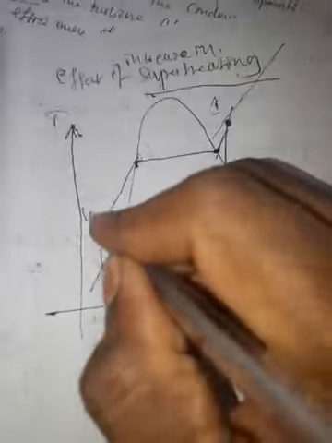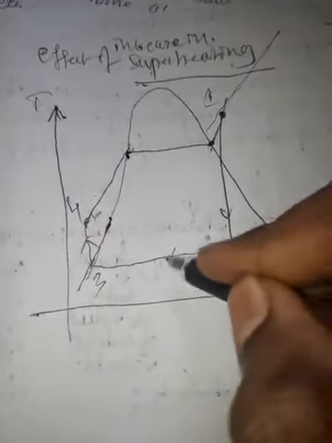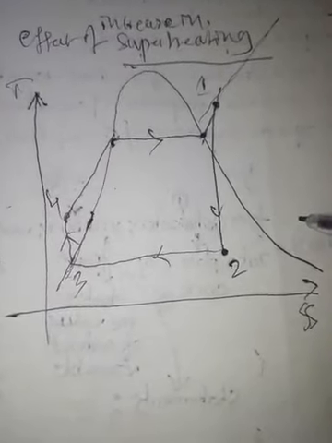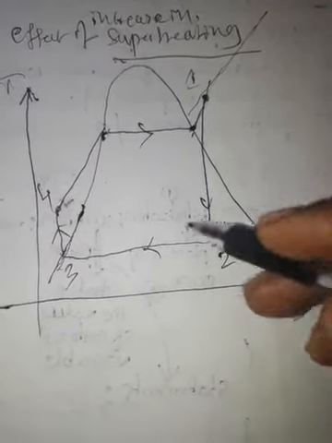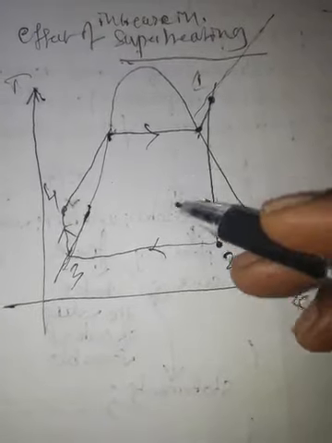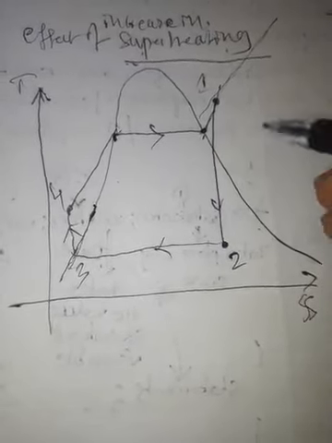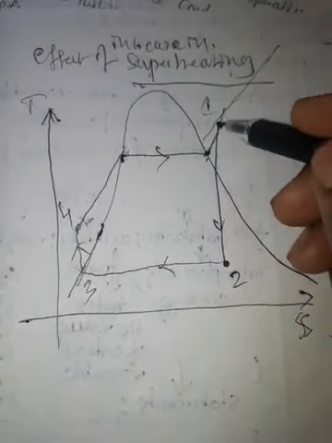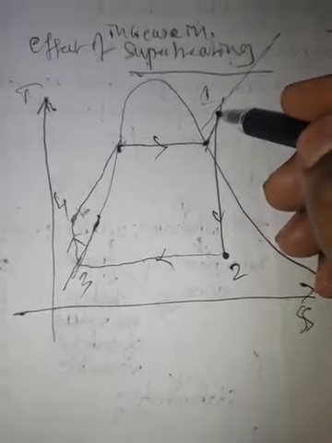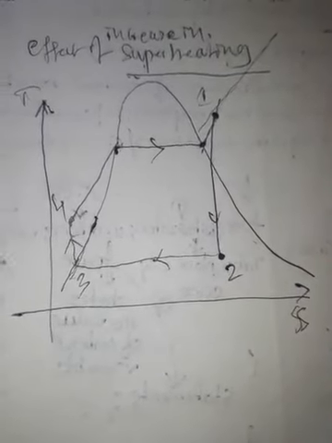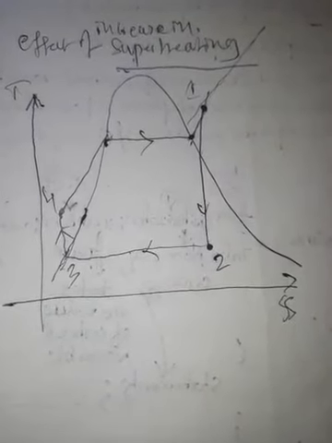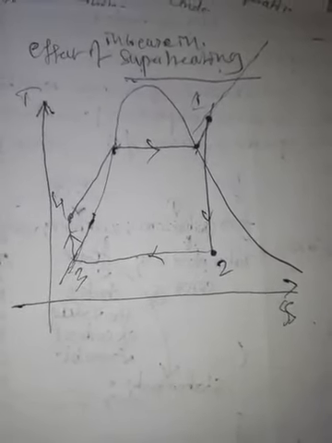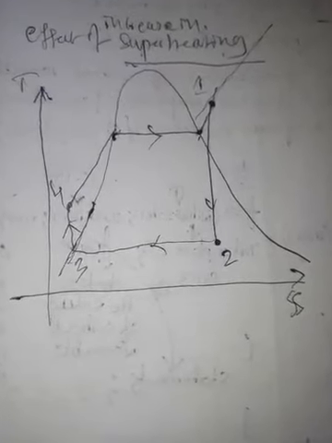This is 3, this is 4. Now this is the simple saturation Rankine cycle. Now the degree of superheat is till state 1 only. So this is superheat temperature, T superheat 1. Now what we need to observe is the effect of superheating.